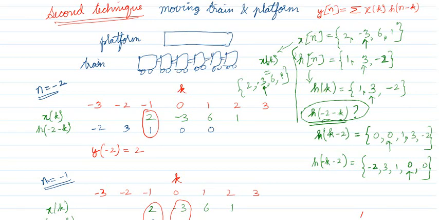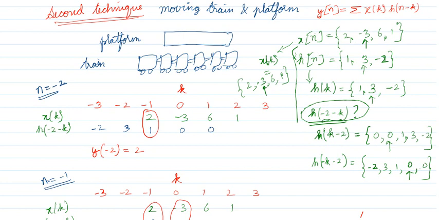Then we need h of -2 minus k. First we do shifting, then we have to do time folding. Very important: you cannot change the order of operations, otherwise you get a wrong answer. First we do k -2, which means it is delayed by 2 time units. Then minus k -2.